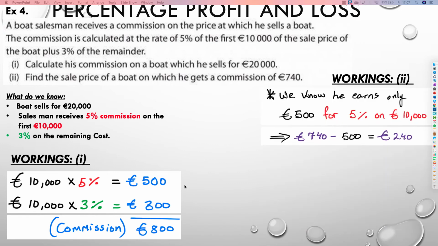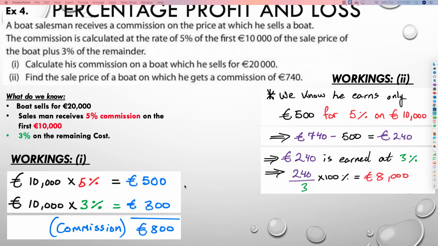So, we know he earns 500 euro for the first 5% on 10,000. There's your remaining 240, yeah? 740 minus 500 is 240. So 240 is earned at 3%.